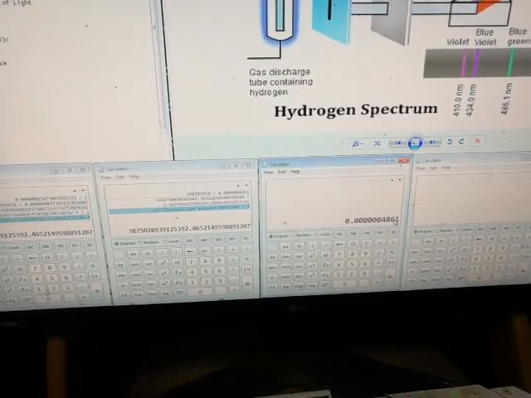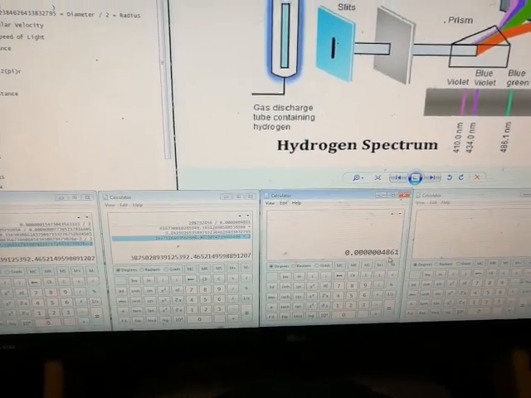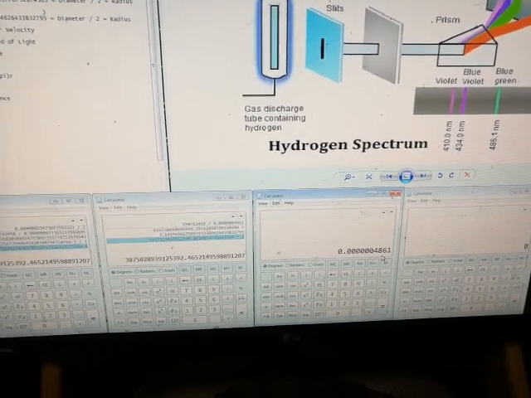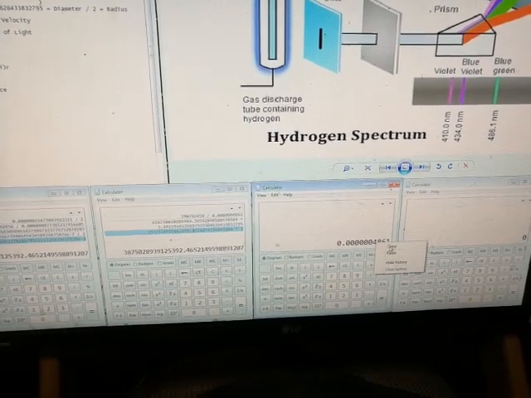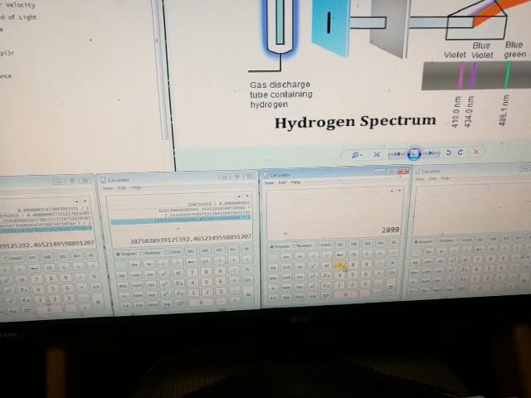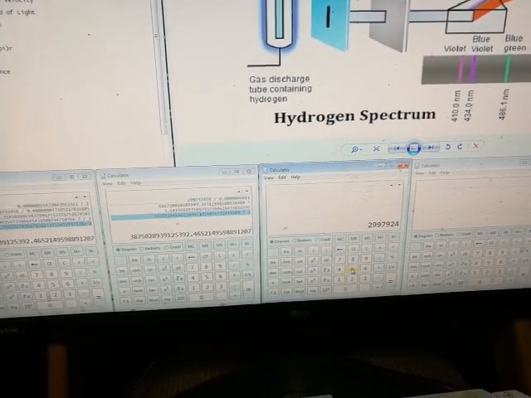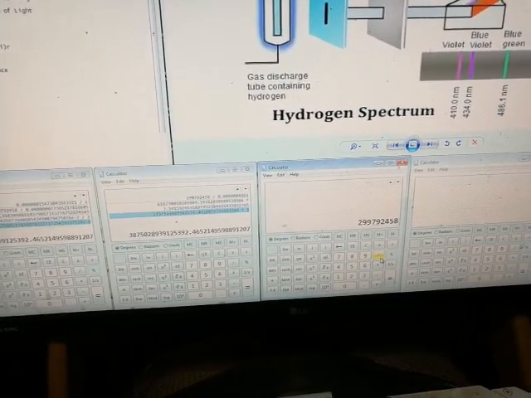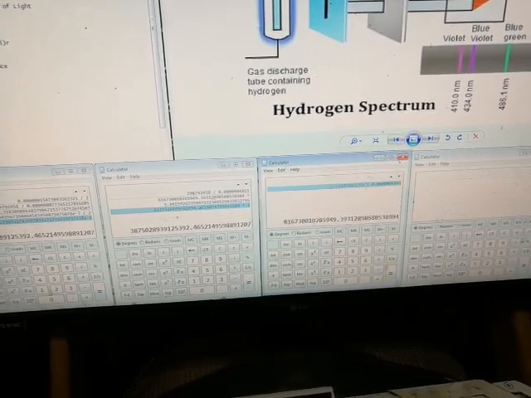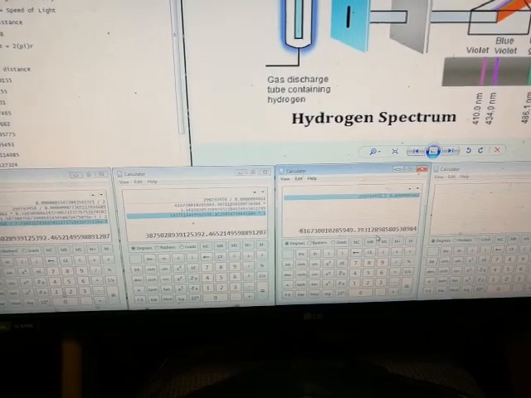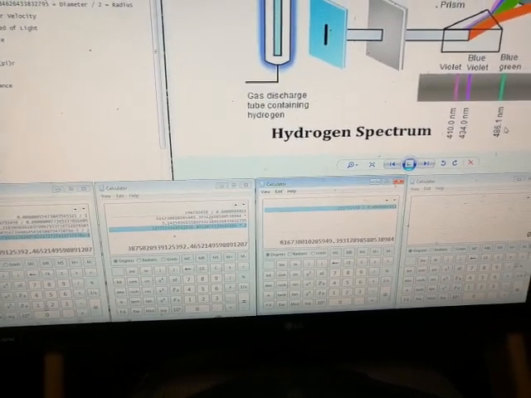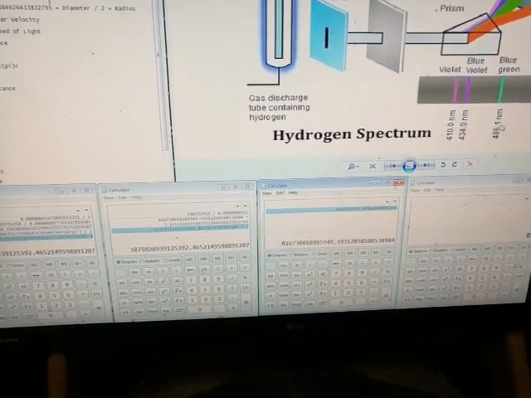So we take the speed of light divided by wavelength equals frequency. So 299792458 divided by wavelength. Okay, so this is its frequency right here of 486.1 nanometers.